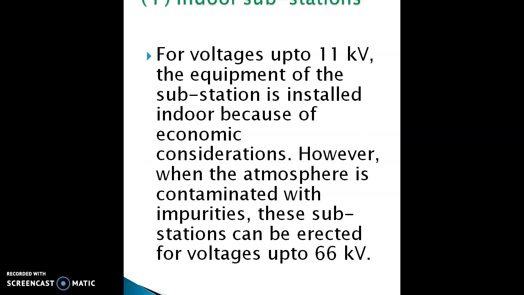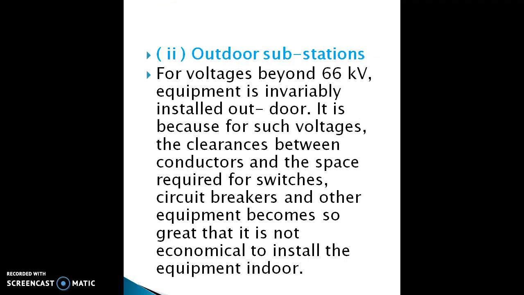First one is indoor substations. For voltages up to 11 kV, the equipment of a substation is installed indoor because of economic consideration. However, when the atmosphere is contaminated with impurities, these substations can be erected for voltages up to 66 kV. Outdoor substations.